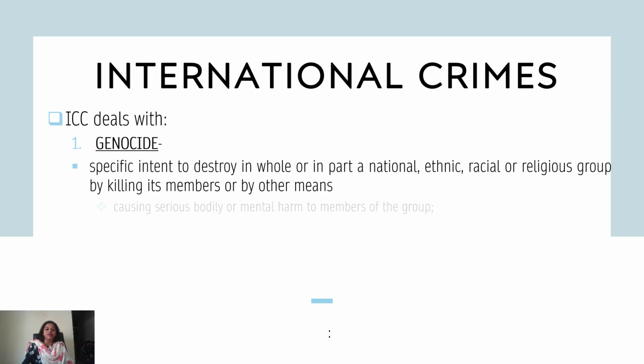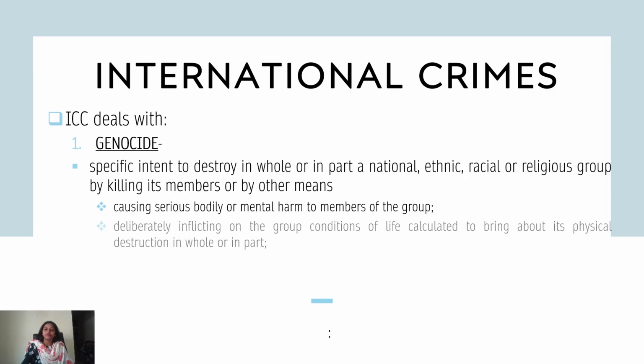These other means can be causing serious bodily or mental harm to the members of a group, deliberately inflicting on a group conditions calculated to bring about its physical destruction in whole or in part. So, for example, stopping food, stopping water, making the situation so harsh, which is calculated to bring physical harm or physical destruction of the entire group or a part of the group.